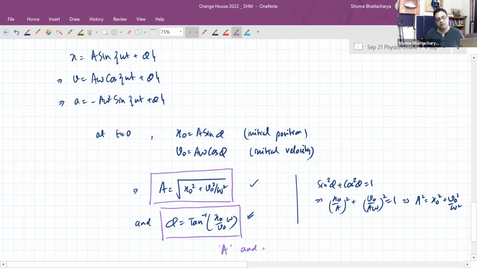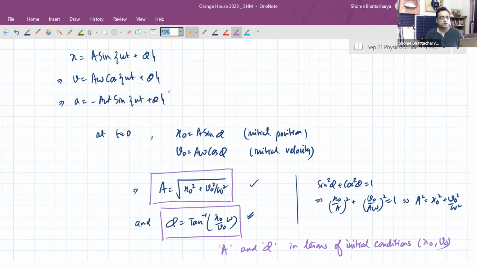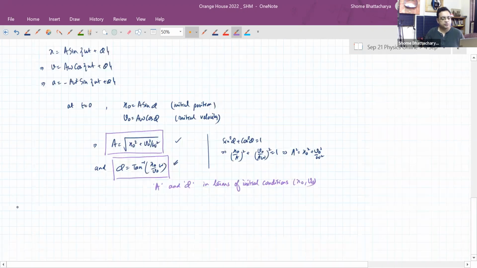Amplitude and phi in terms of initial conditions x naught and v naught. So let's look at a quick example based on this.